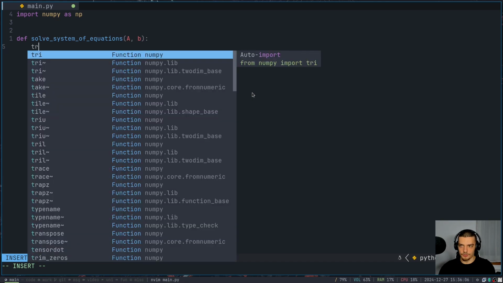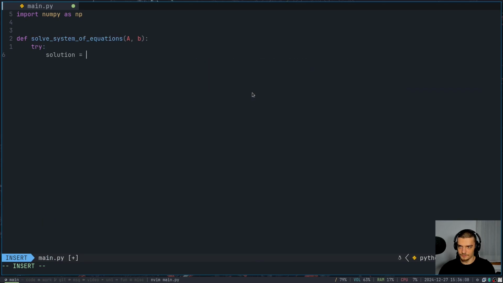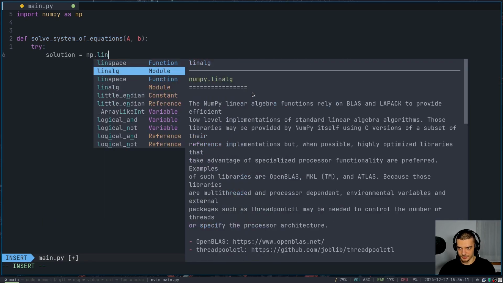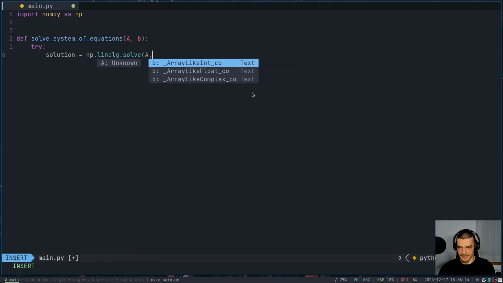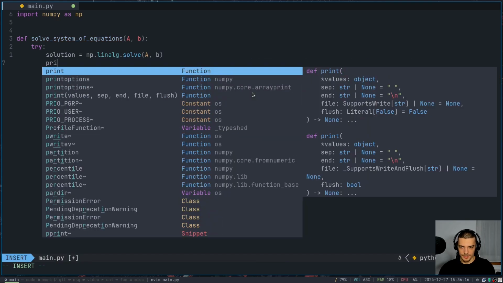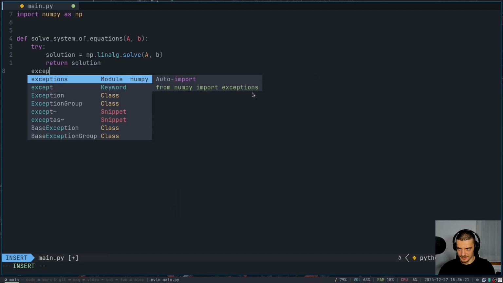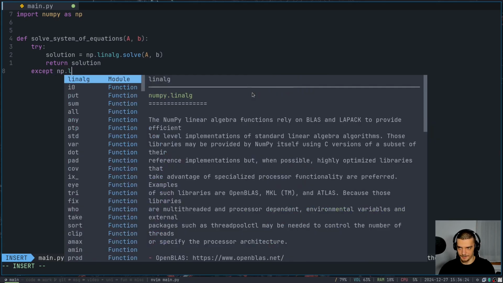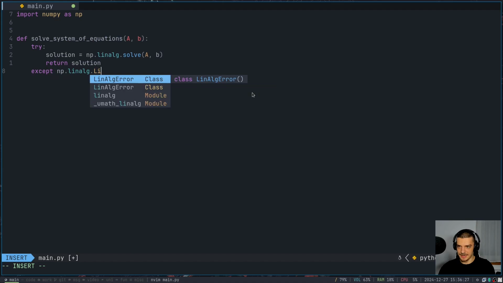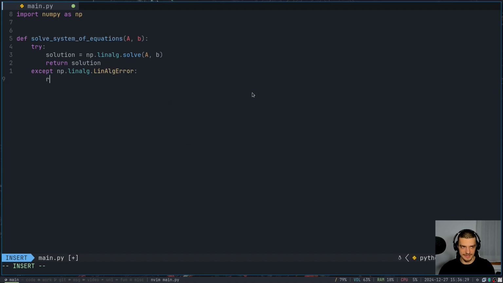And we're going to just try to get a solution by saying np.linalg.solve a and b, and then we can just return the solution. And if we get the exception that is the NumPy linalg error, so linear algebra error, we return system has no unique solution. So that is going to be the function that we use to double check if something is done correctly or not.